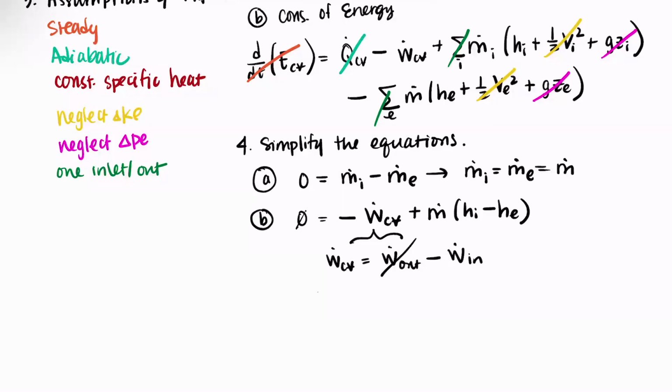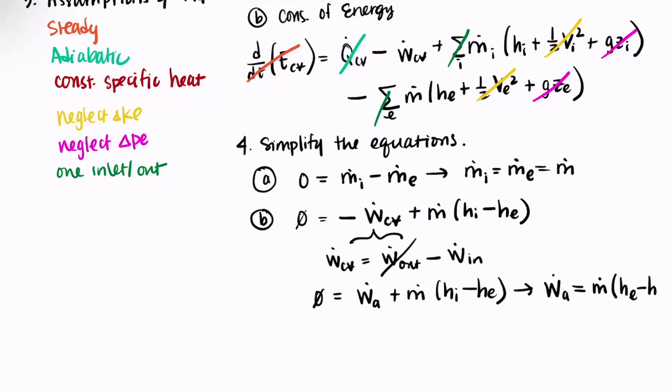So this means that we have zero is equal to W dot A plus m dot (h_i minus h_e). I'm just going to solve this equation for W dot A because we want to find W dot A anyways. So this is m dot (h_e minus h_i).